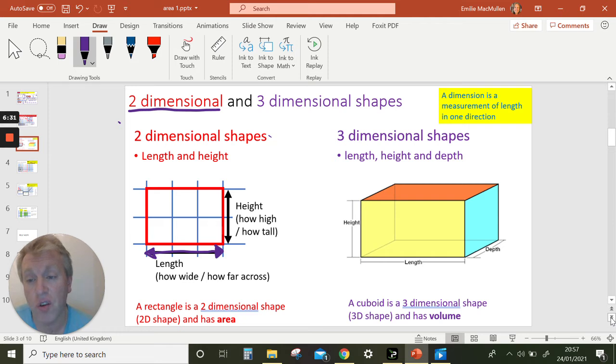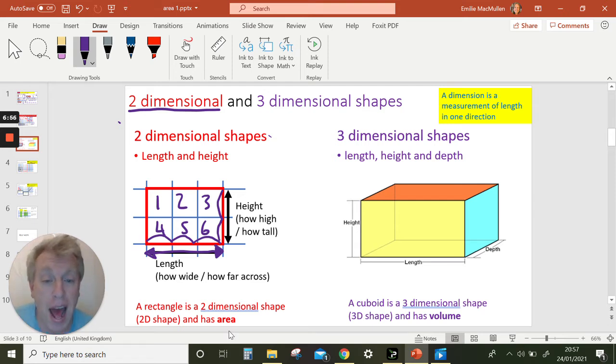Here the length is 3, 1, 2, 3 squares. The height is 1, 2, and a rectangle has area because it is just covering how many squares? Well, 1, 2, 3, 4, 5, 6. So the area is 6 squares.